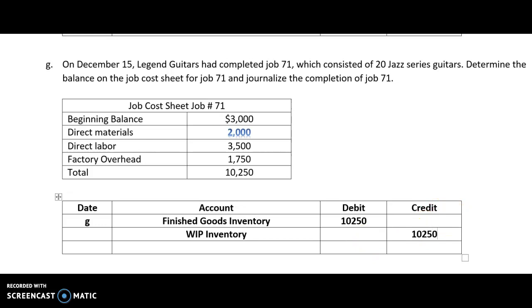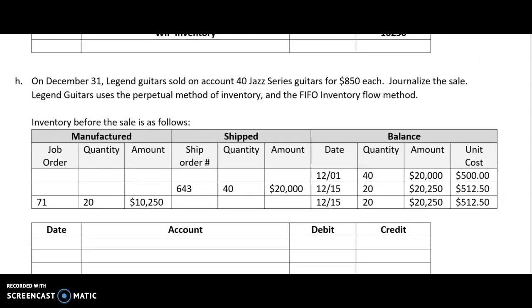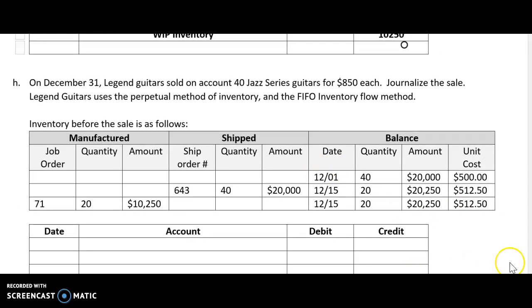Okay, on December 31st, Legend Guitars sold on account 40 guitars for $850 each. Journalize the sale. Legend Guitars uses the perpetual method of inventory and the FIFO inventory method.